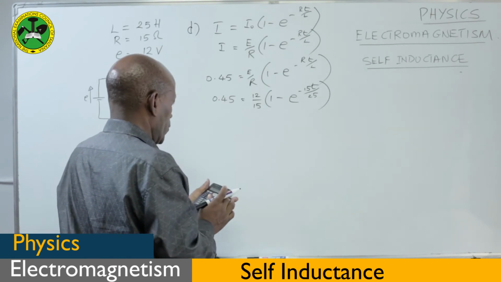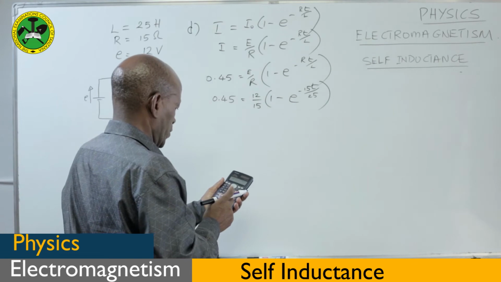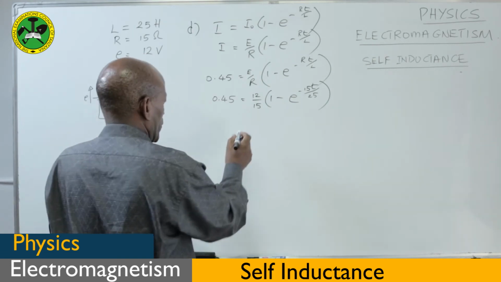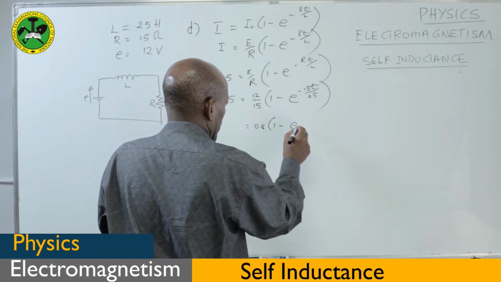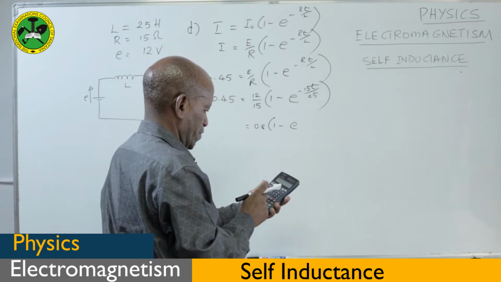As we can find, this will be equal to 12 over 15, which is 0.8, into 1 minus e to the power minus 15 over 25 t.